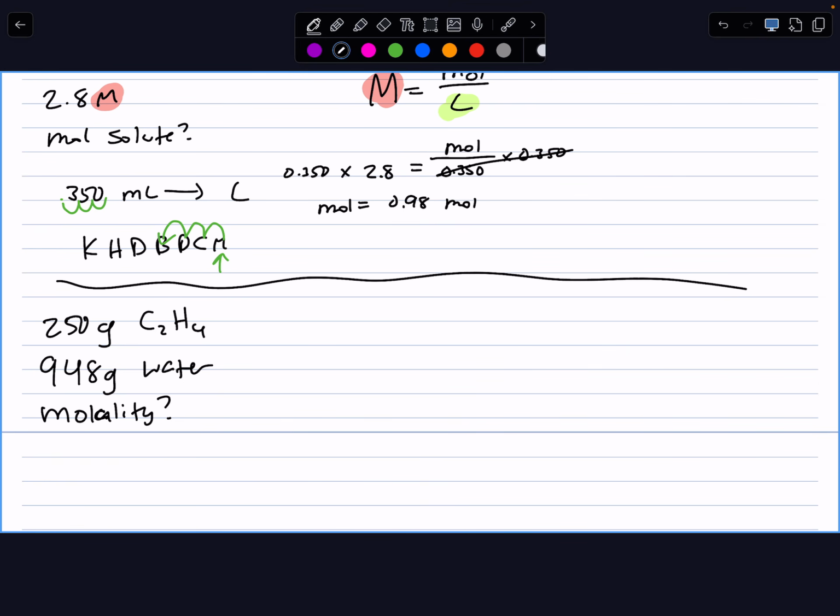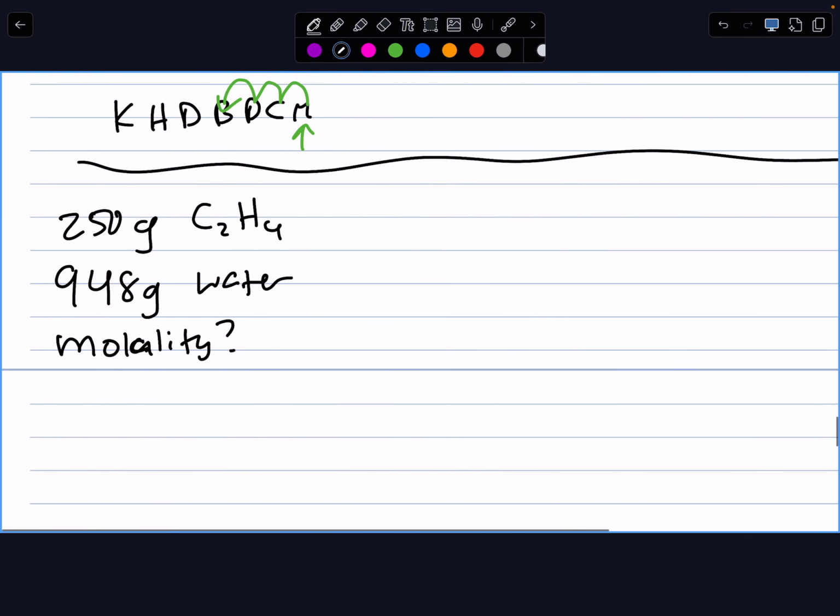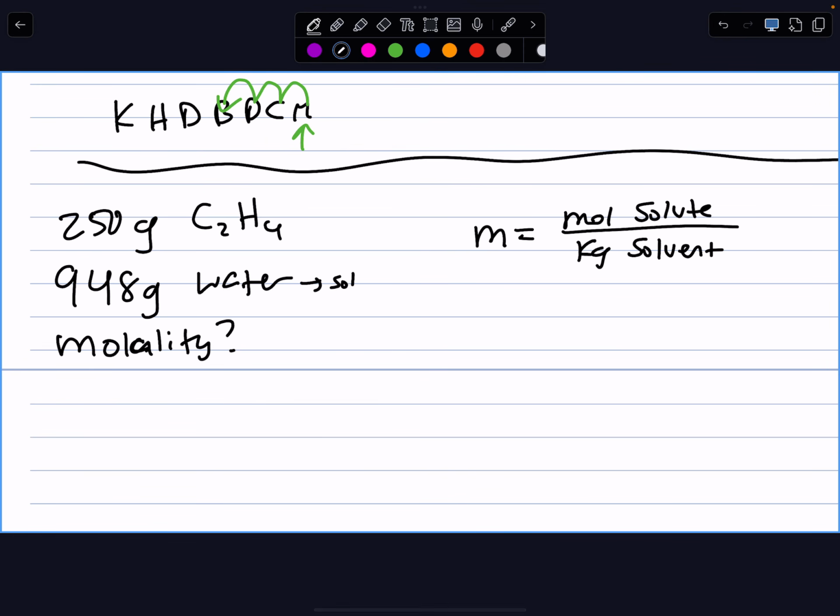Okay, hold up. What am I asking for? Molality. What is the formula then? Lowercase m is moles over kg of solvent. So C2H4. Okay, what is my solvent then? Your solvent is water. Always. So you want to go from grams to kilograms.